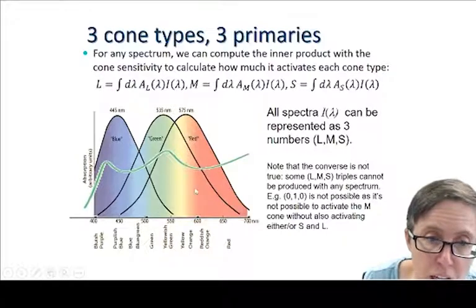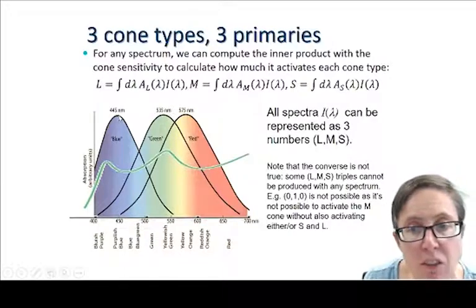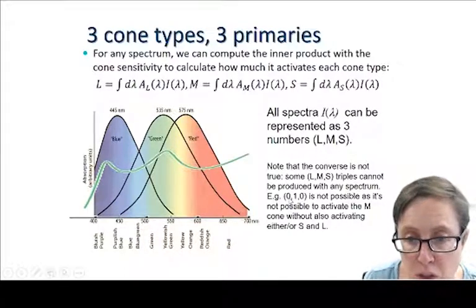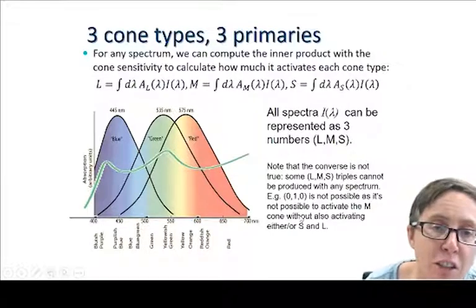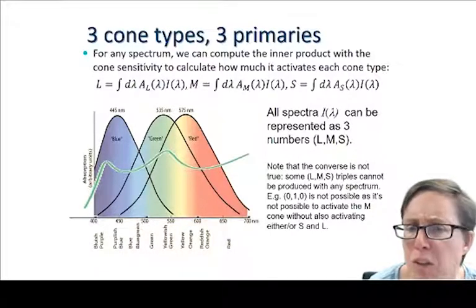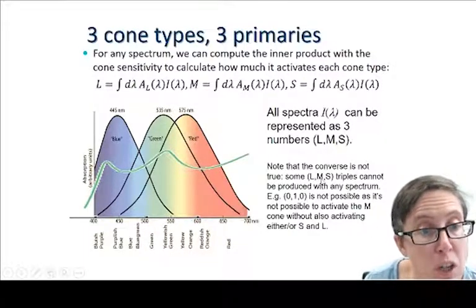So you might say, well, okay, let's go over here to say 450 nanometers. Now the L cone is not responding very much, so I can activate M without activating L. But then the trouble is you're activating S a lot. So again, you're not going to get 0, 1, 0 for your cone type. And it's an interesting question to ask. If we could somehow artificially activate only the M cones, what colour would we see?